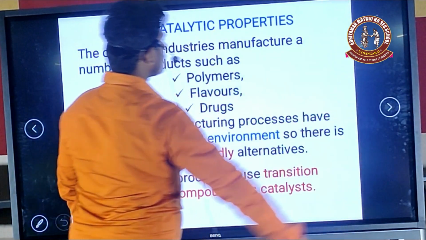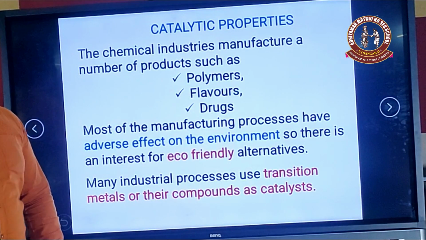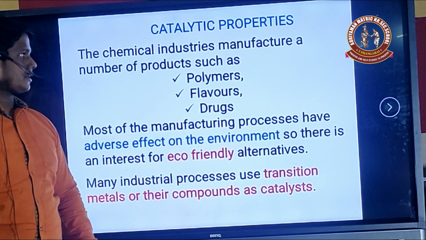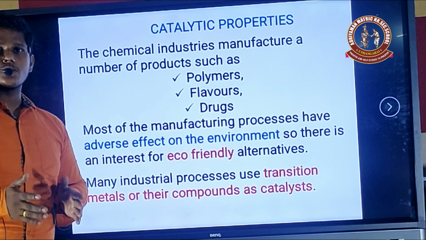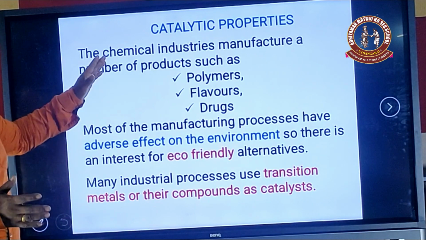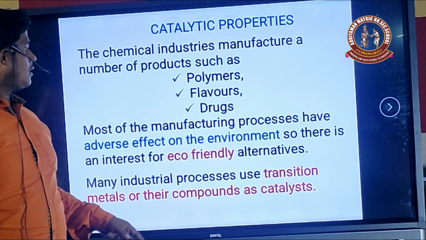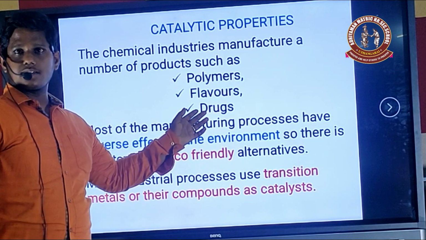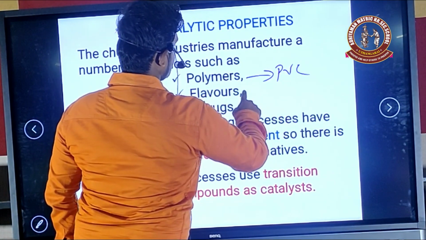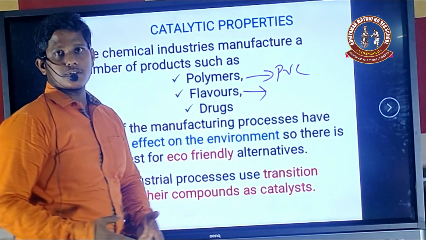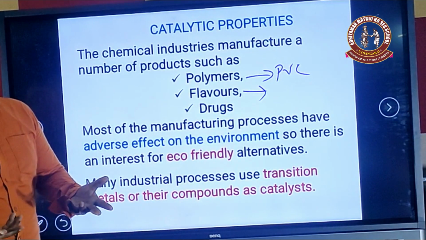Okay. Then the next property we move to is catalytic property. So many industrial processes manufacture products like polymers, flavours and drugs. Polymer means PVC, like that. Flavours means some perfumes, also some aroma compounds.